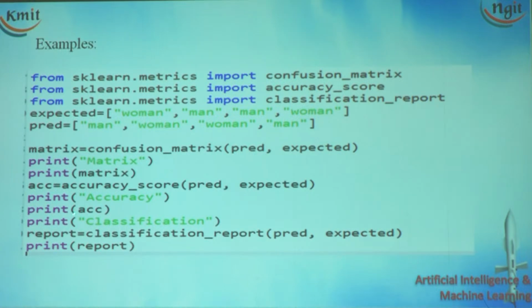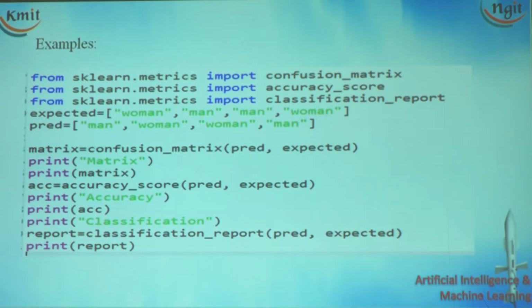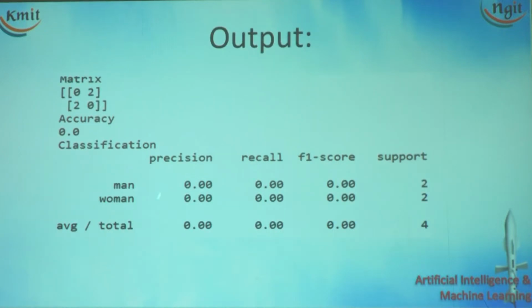Accuracy score is there, and then classification report, it will give you all the scores: the precision, the recall, the accuracy, the F1 score, everything. So see here, this is the precision, this is the recall. Here we are taking all negative, all the predictions are reverse. So in this case, all are zeros.